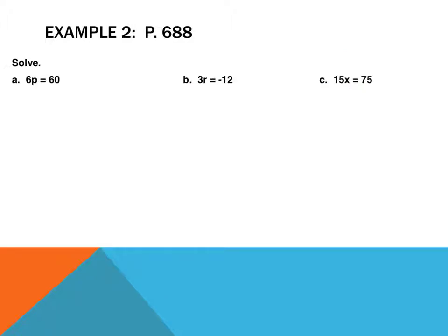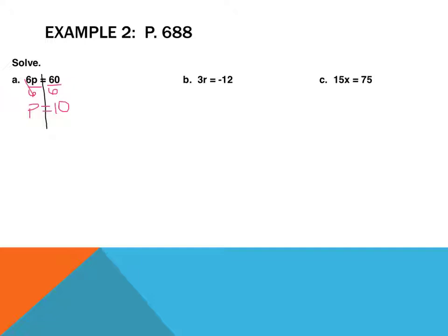On page 688, we'll look at the examples and we will solve them. So again, we always start with my balance line, and then my problem states 6 times p equals 60, so the opposite of multiplying is to divide. So I'm going to divide both sides by 6. So 6 divided by 6 is 1p. 60 divided by 6 is 10.